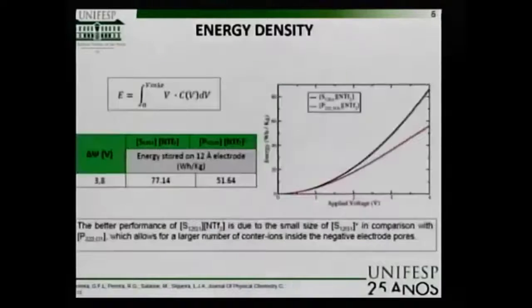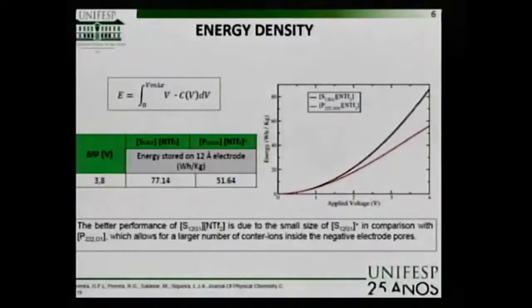This is important because when we calculate the energy stored by these supercapacitors, we can see that the supercapacitor with the sulfonium ionic liquid can store more energy than the supercapacitor with the phosphonium ionic liquid, despite the fact that the phosphonium ionic liquid presents a higher electrochemical stability.